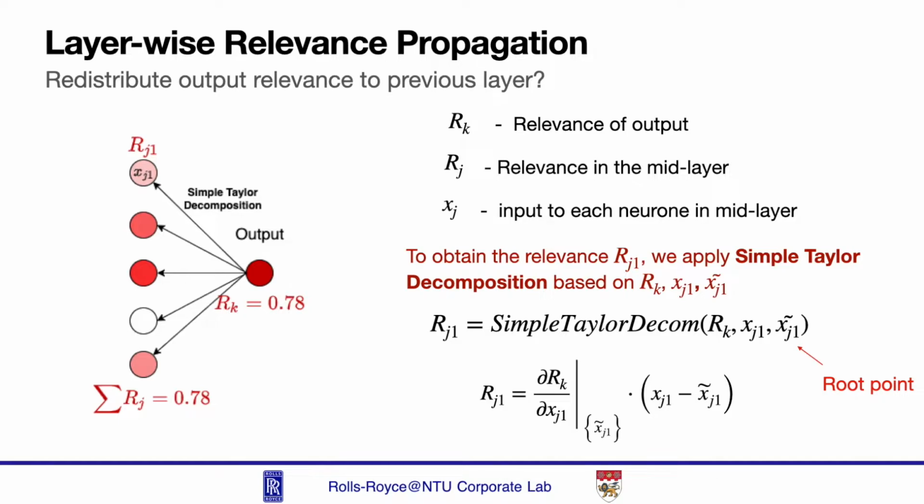In order to obtain this Rj1, which is the relevance of this specific neuron at the top, we apply simple Taylor decomposition based on the output Rk, the input Xj1, and Xj1 tilde. This Xj1 tilde is the root point that we need to select for the Taylor decomposition. At the bottom, we have the equation for that. It might not really make sense for you right now, but we will come back to this later.